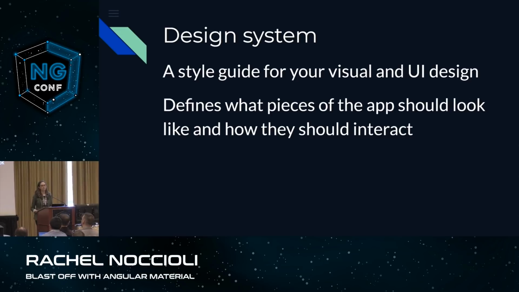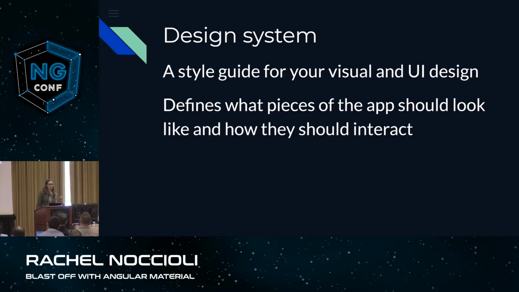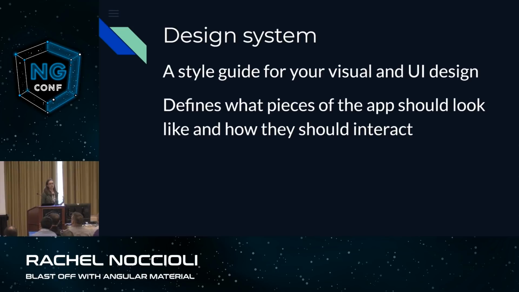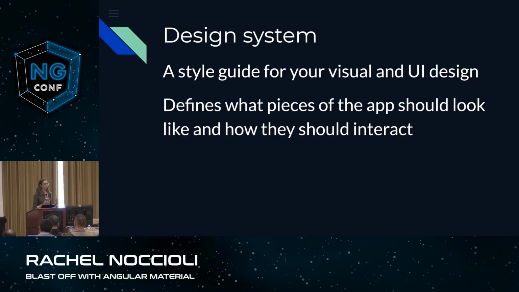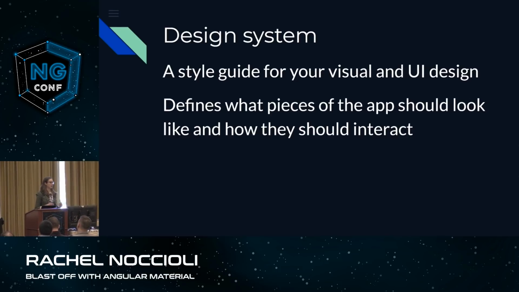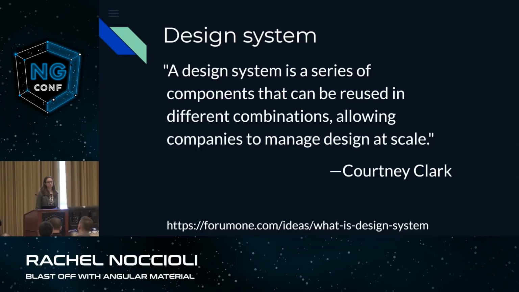Everyone's using a design system, but today we're going to talk about these explicit design systems, which are like a style guide for your visual and UI design. A design system is going to define what the individual pieces of your app should look like, how they'll be composed and how they interact with each other.